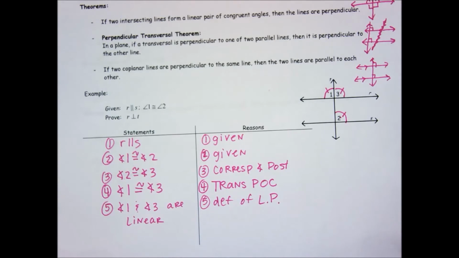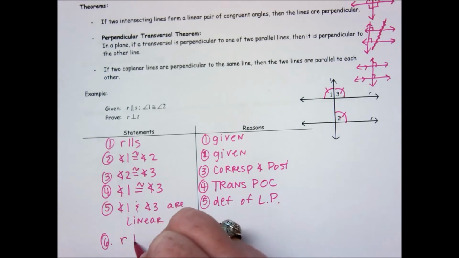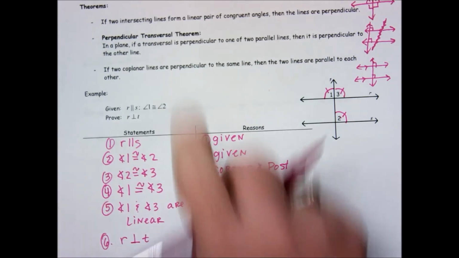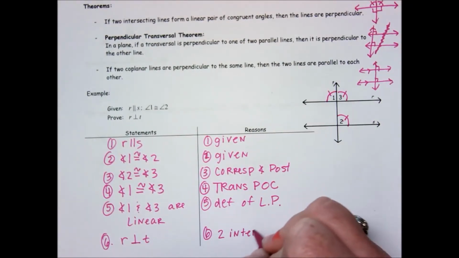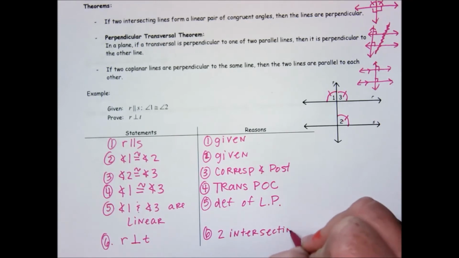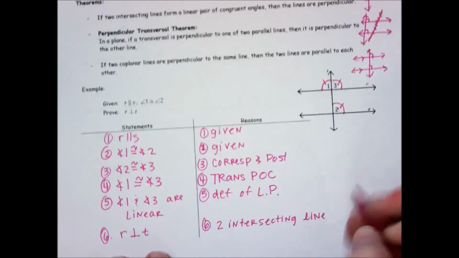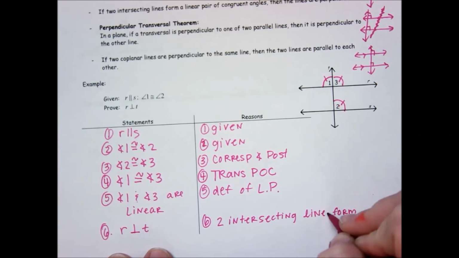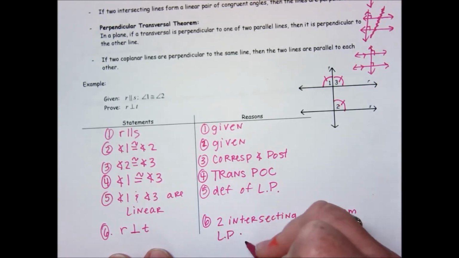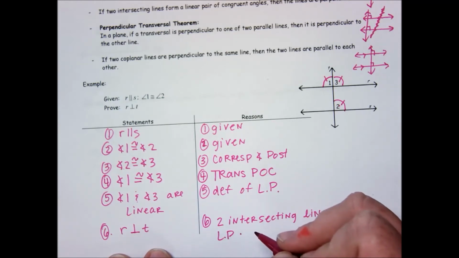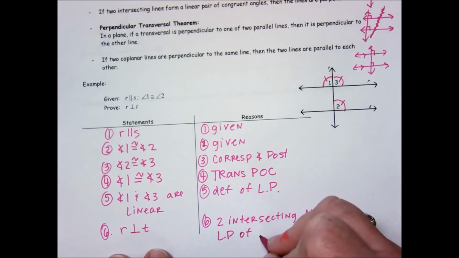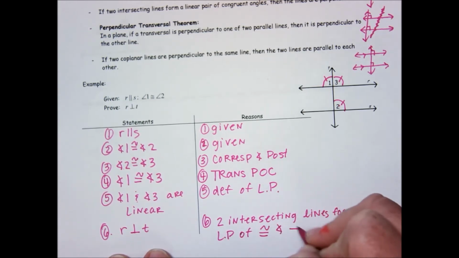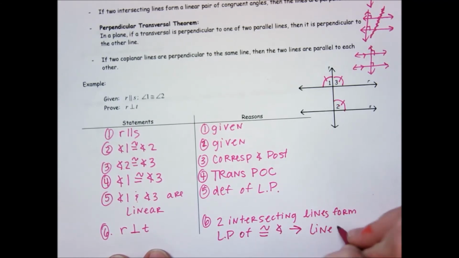So then lastly, I can say, number 6, that R is perpendicular to T because of this theorem up here that says two intersecting lines form a linear pair of congruent angles, then the lines are perpendicular.